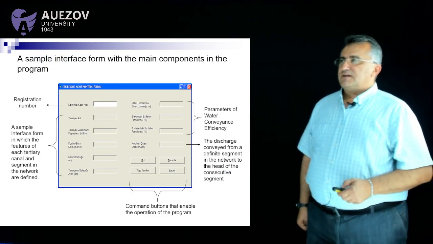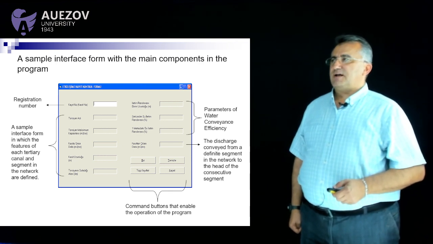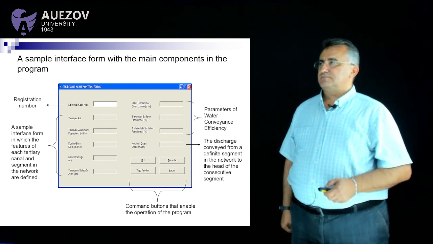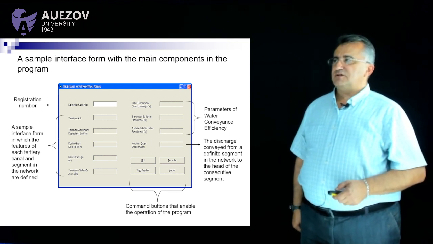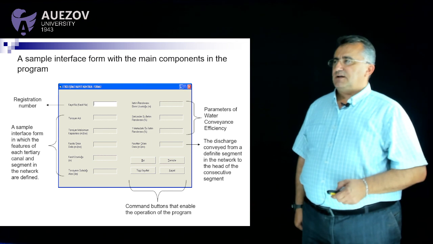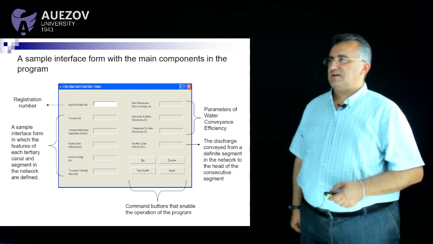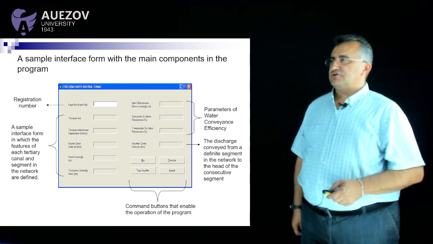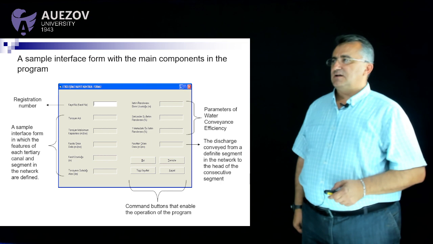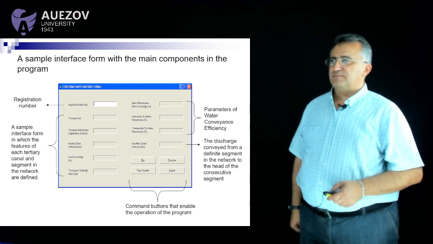Here we can see a sample interface form with the main components in the program. Here in the first line, registration number, and below it a sample interface form in which the features of each tertiary canal and segment in the network are defined.